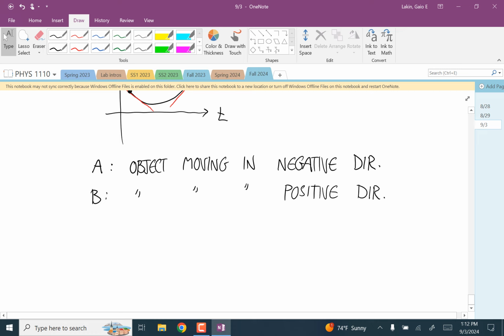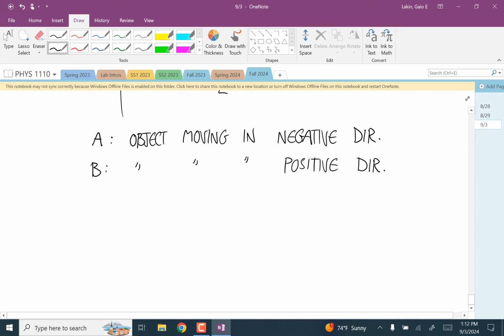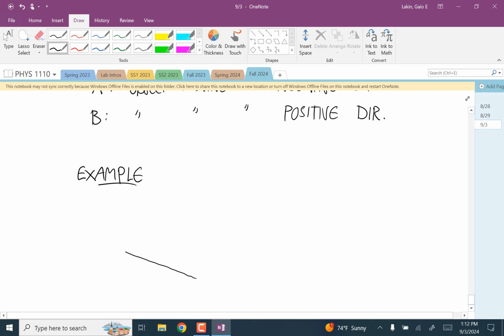Okay, so let's try something where we put these all together. So let's say we have an object that's moving along a line like this. We'll call positive down this ramp, and negative is up this ramp. And a position versus time graph of the motion looks like this.